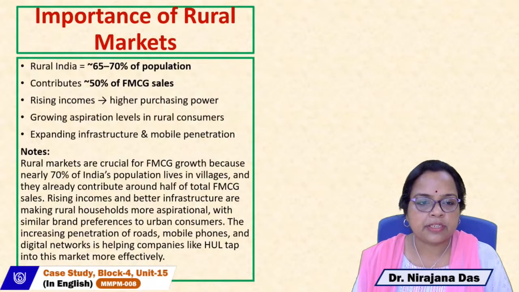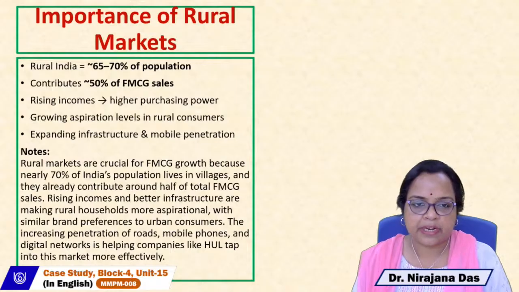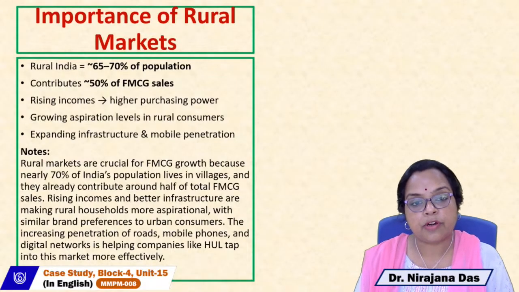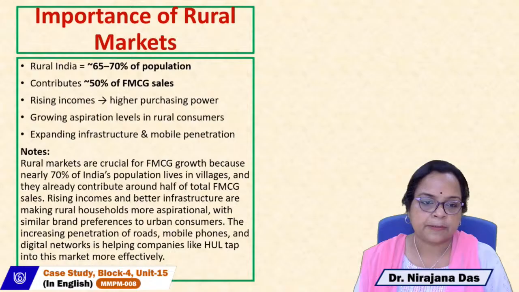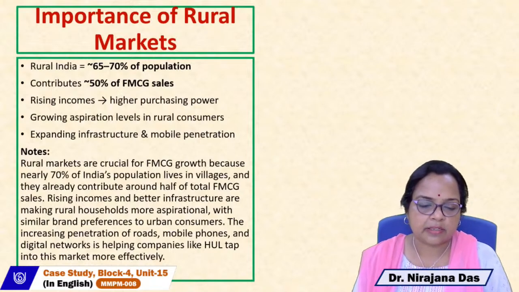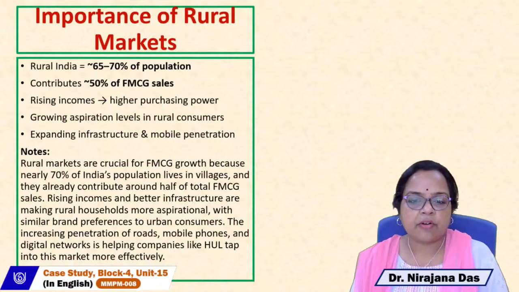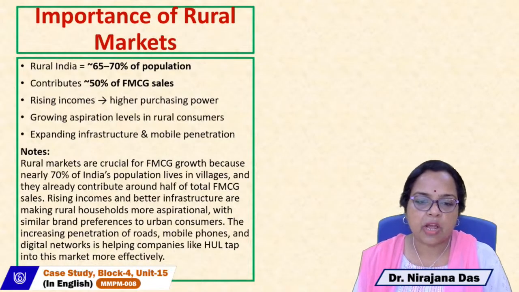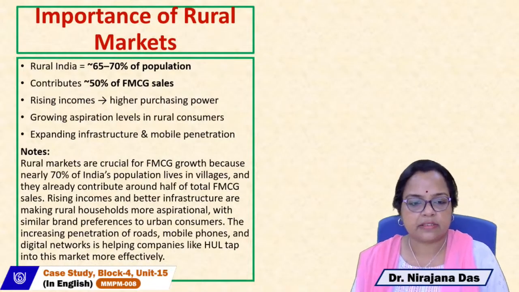We also know there is a possibility of rising disposable income nowadays in the rural market due to non-farming income sources. So rural markets are crucial for FMCG growth because the population is around 70% of the country's population, and they already contribute around half of the total FMCG sales.